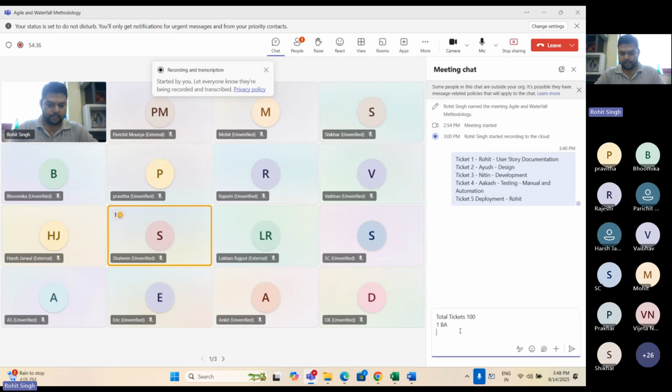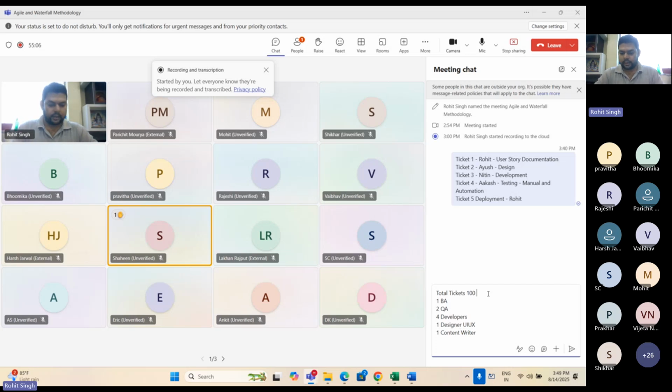1 BA, 2 QA, 4 developers, 1 designer, UI, UX, and 1 content writer.